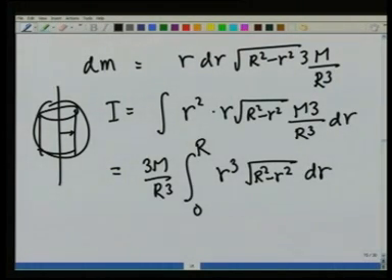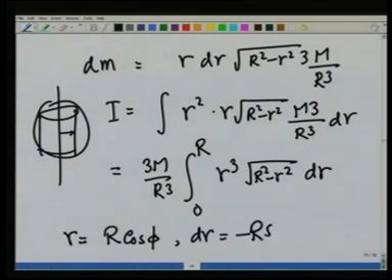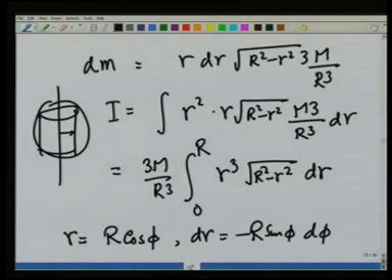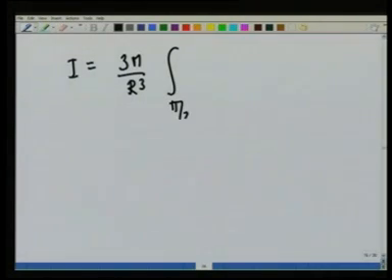To evaluate this integral, again I use r is equal to R cosine of phi, so that dr is equal to minus R sine of phi d phi, and limits are going to be from 0 to pi by 2. So, substituting, I am going to get I equals 3M over R cubed integral. At r equal to 0 it is pi by 2 to 0.